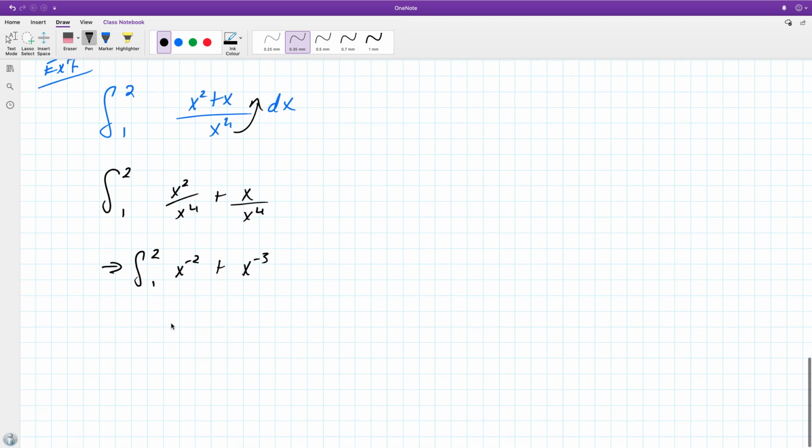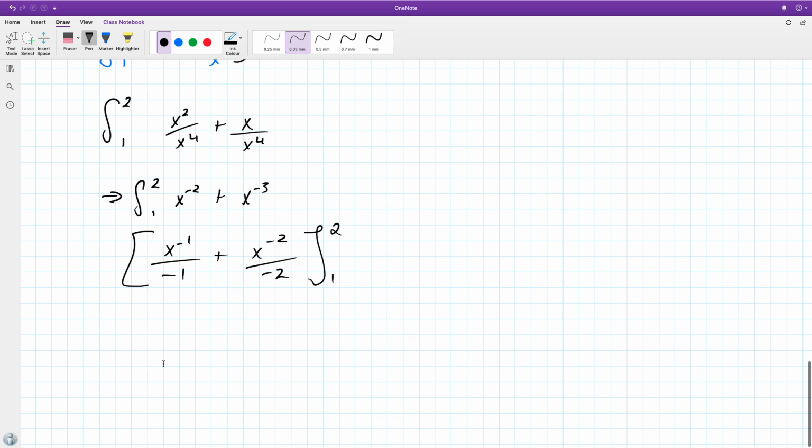We integrate these then. That's x to the power minus 1 over minus 1 plus x to the power minus 2 over minus 2 between 2 and 1. That is minus 1 over x plus 1 over minus 2 times x squared between 2 and 1.